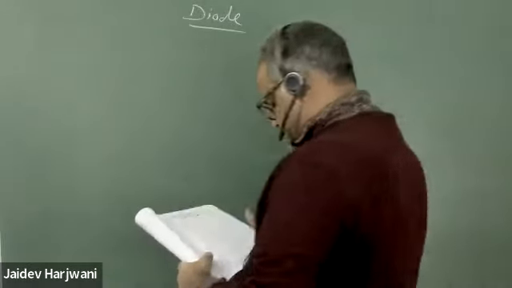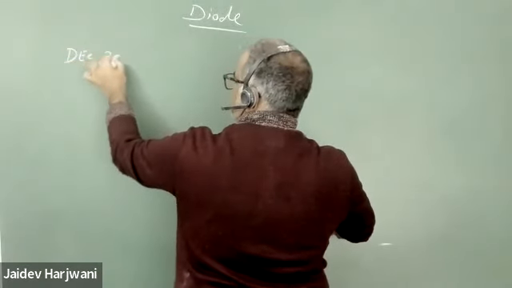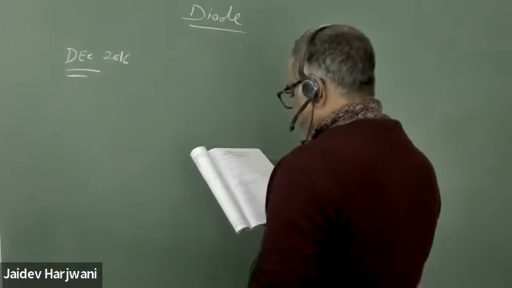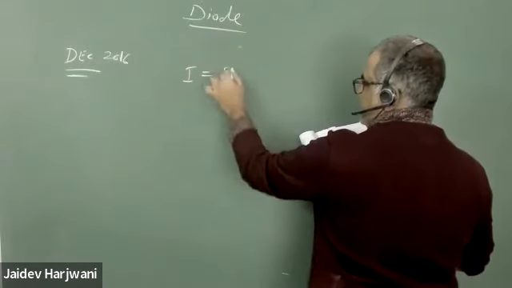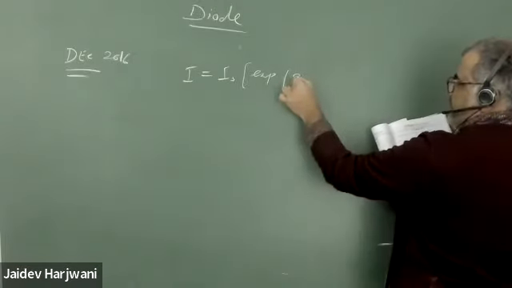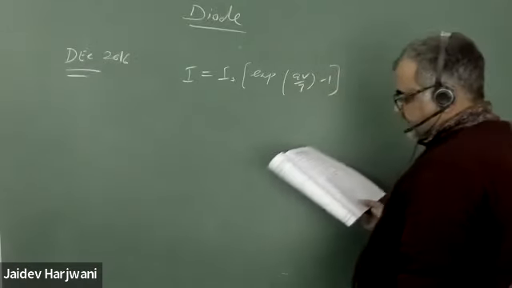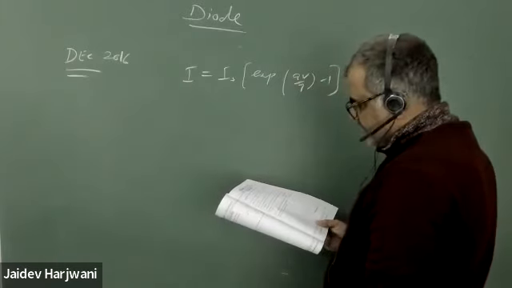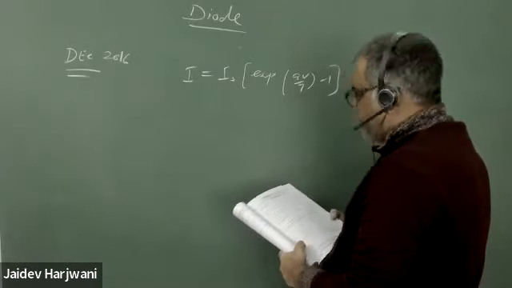Then the question from December 2016. Again they have given the IV characteristics of a device, which can be written as I equals I_S exponential of (AV upon T) minus 1, where T is the temperature and A and I_S are constants independent of T. Which of the following plots is correct for fixed applied voltage?